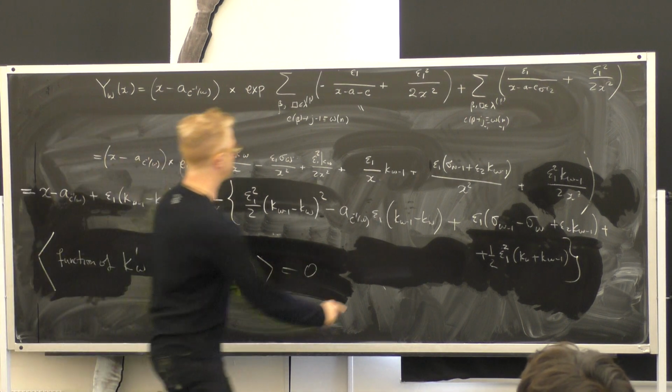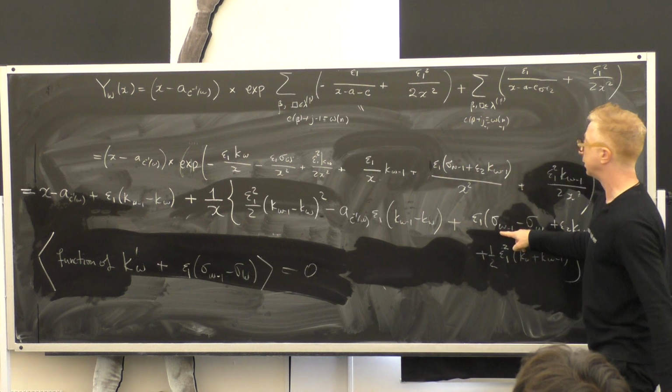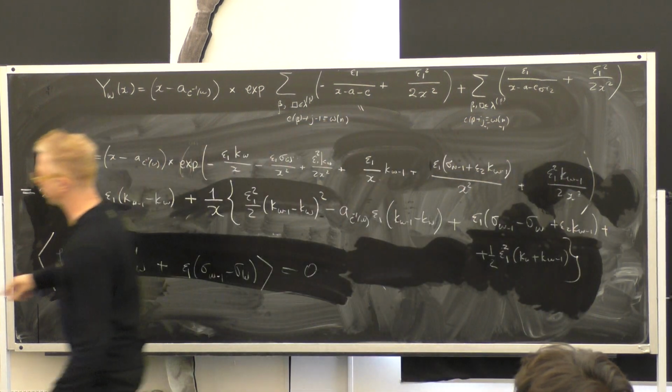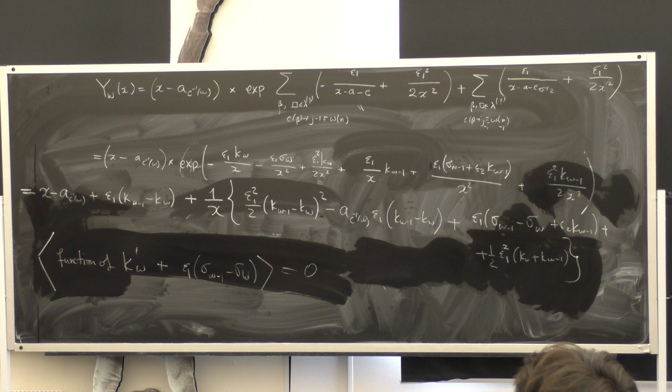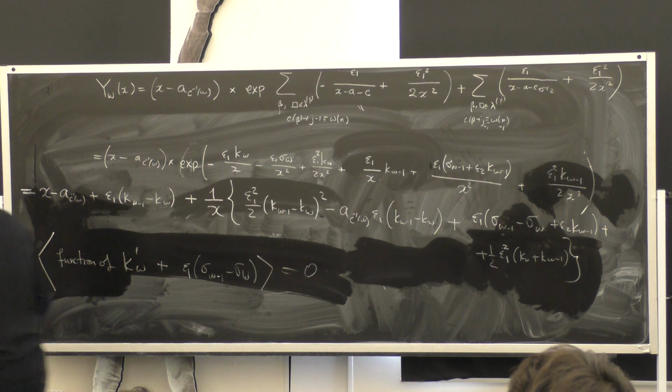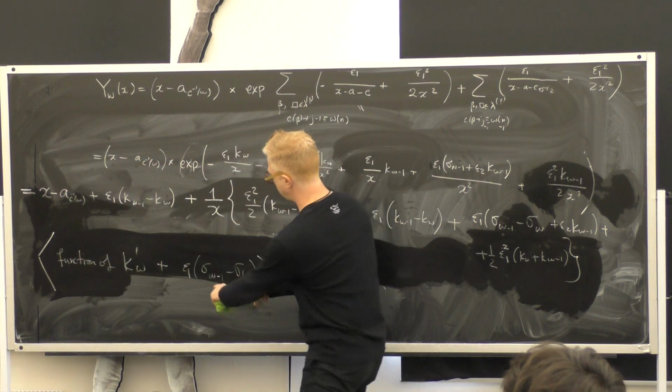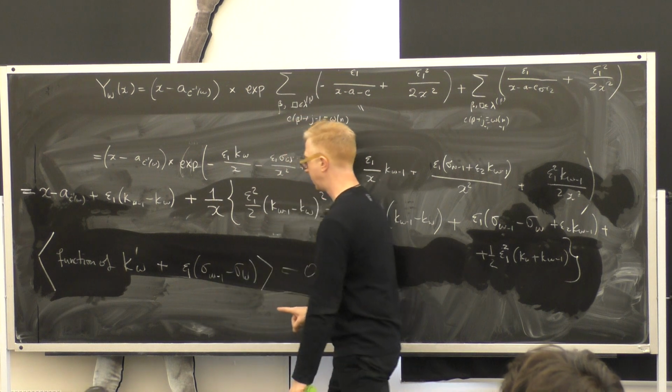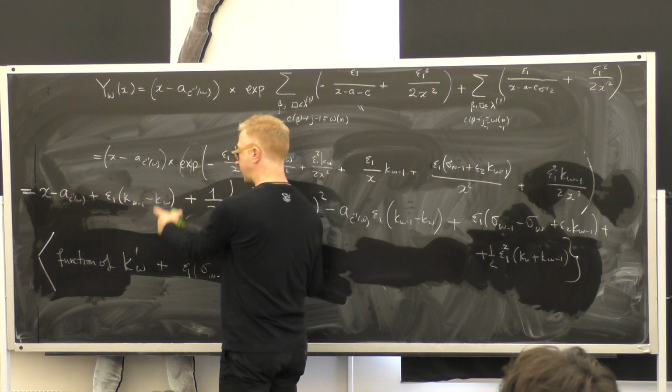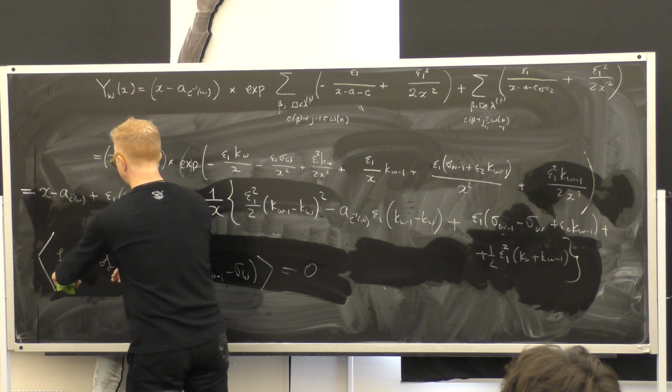So you see, the sigmas, namely these complicated guys, something which knows about the details of the partition, which appears in this difference form, is related using this identity to the function of k's.